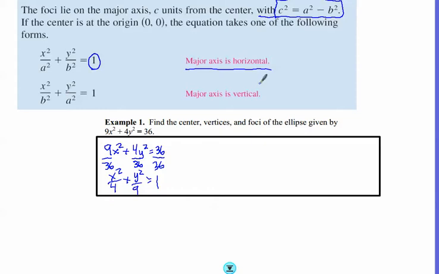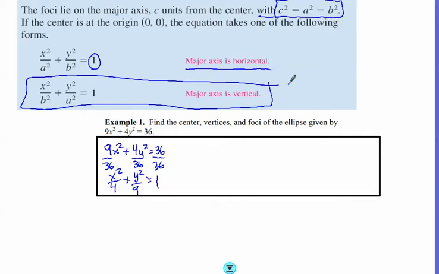So this one has a major axis that's vertical because the number under y squared is bigger. From that we can decide that a squared equals 9, so a equals 3. And therefore b squared must be the 4, so b equals 2.